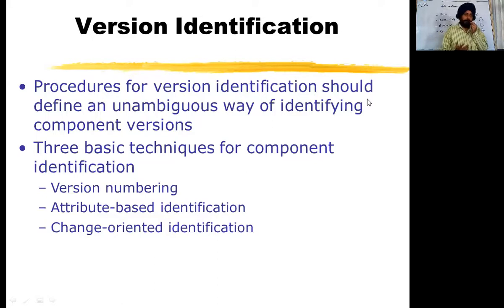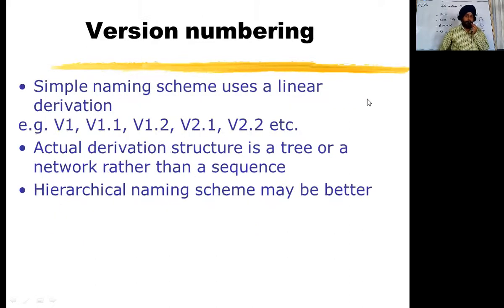The three basic techniques for component identification are numbering of the version, attribute based identification, and change oriented identification. Just go through the slides. This is the numbering system where we give different numbers to the different versions: v1, v1.1, v1.2, v2.1 and so on. And there is also the attribute basis. Next.